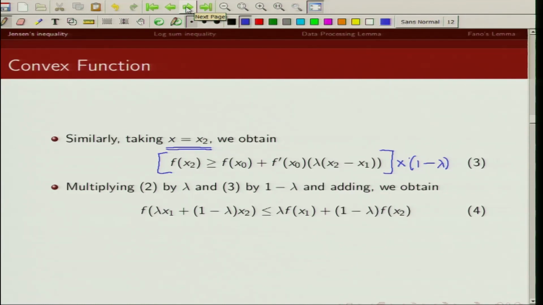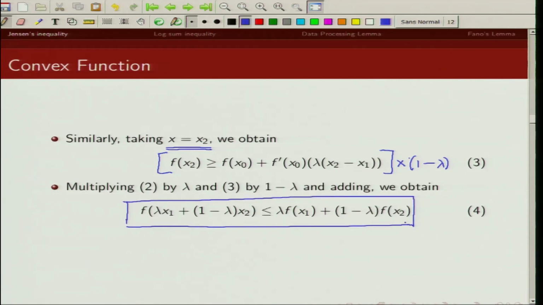So if I do that, what I get here is f of x naught is less than or equal to lambda times f of x1 plus 1 minus lambda times f of x2. So again I repeat, if I multiply equation 2 by lambda and equation 3 by 1 minus lambda and add them up, I get this condition that f of x naught is less than or equal to lambda times f of x1 plus 1 minus lambda times f of x2.